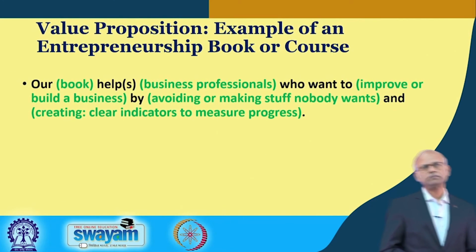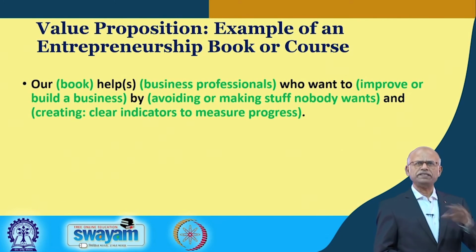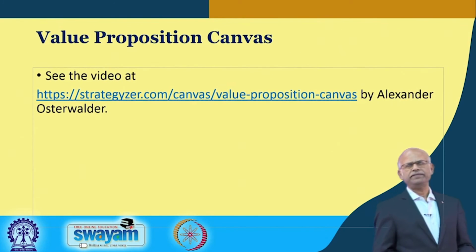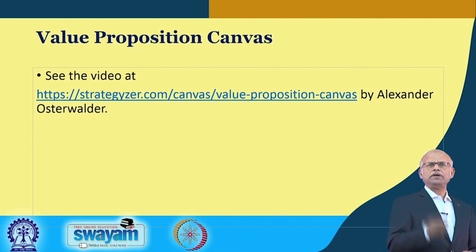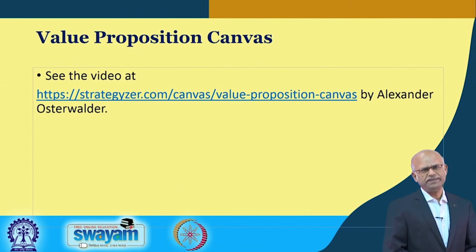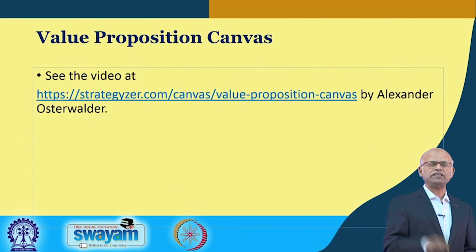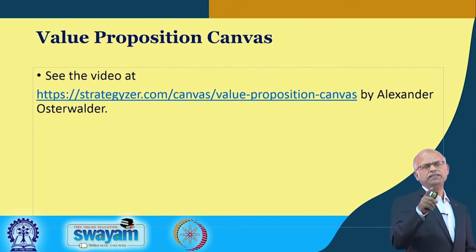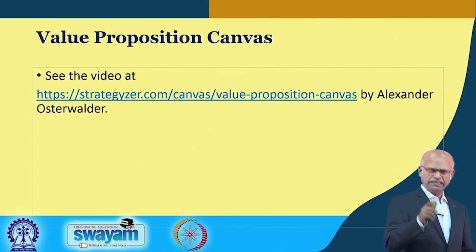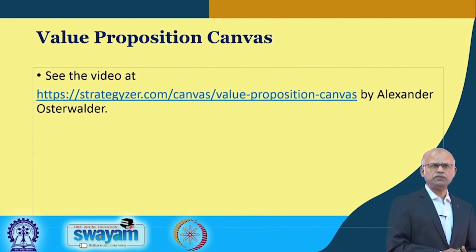The same example is given again. To get a very nice idea about the value proposition canvas, I would recommend that you see this video. This lecture has been delivered by Alexander Osterwalder. So, enjoy that.